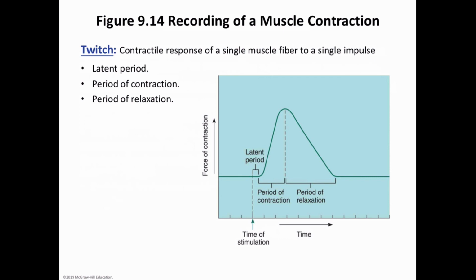So up next, we'll get to isotonic versus isometric contractions, or at least concentric versus eccentric contractions. So the isotonic contraction, class, occurs because the muscle actually shortens.